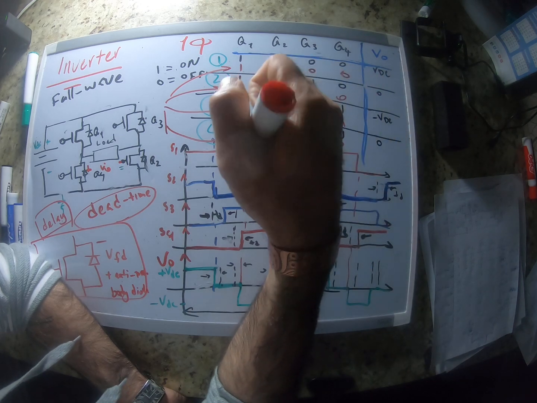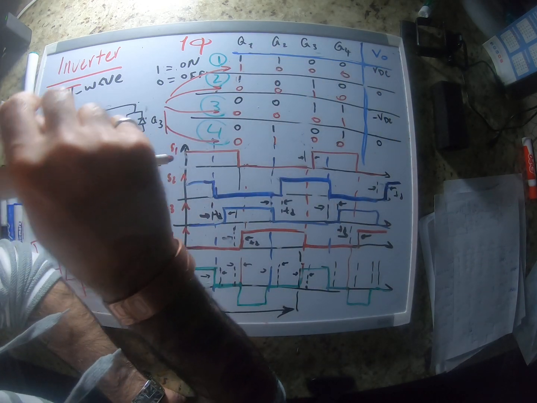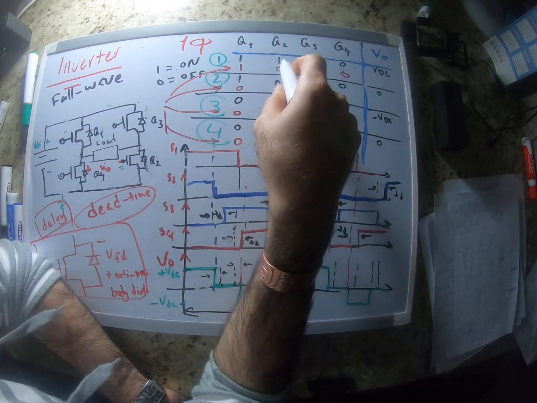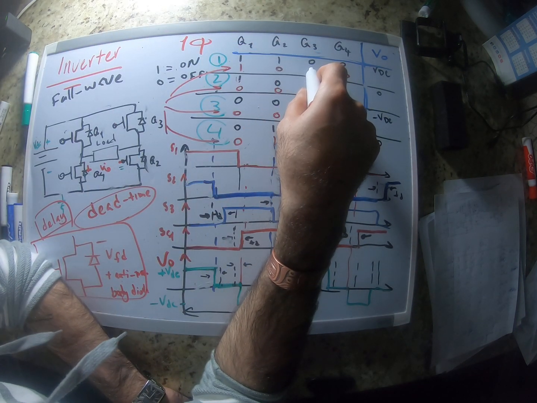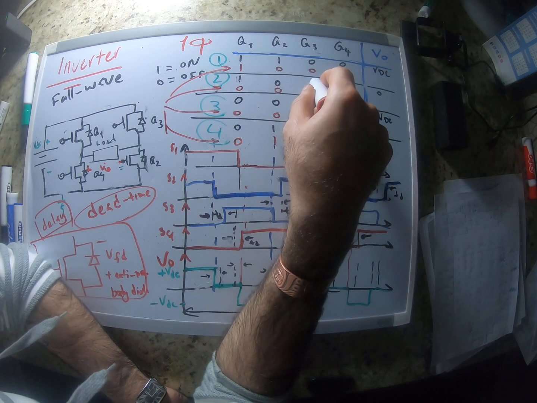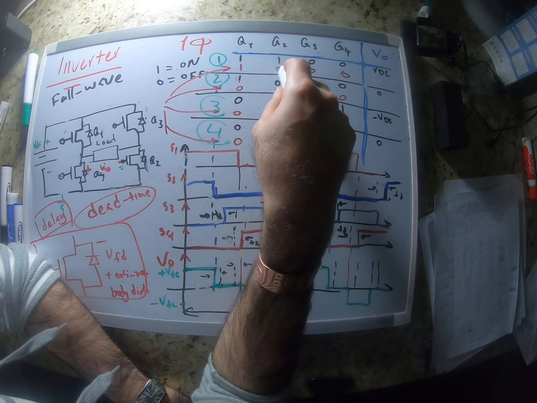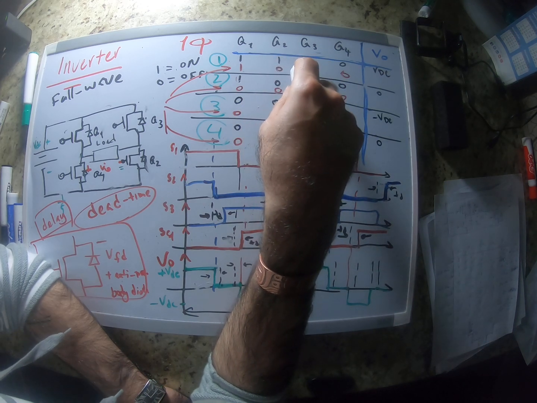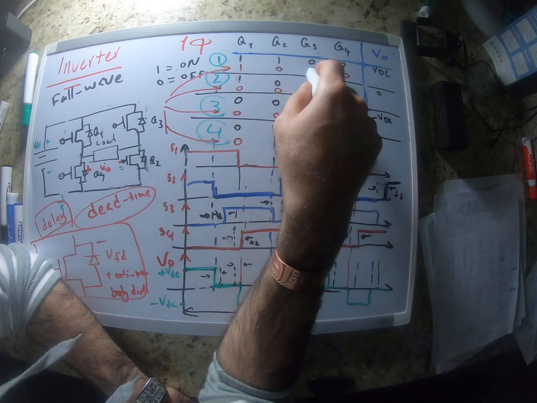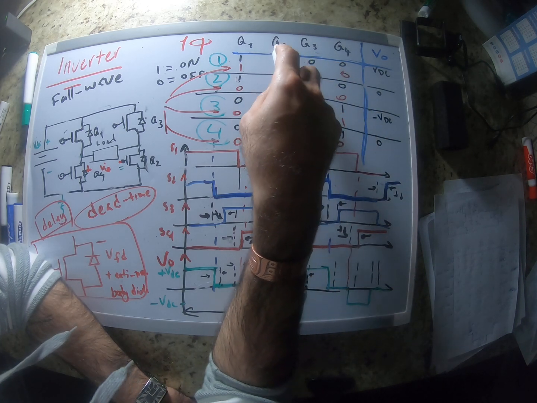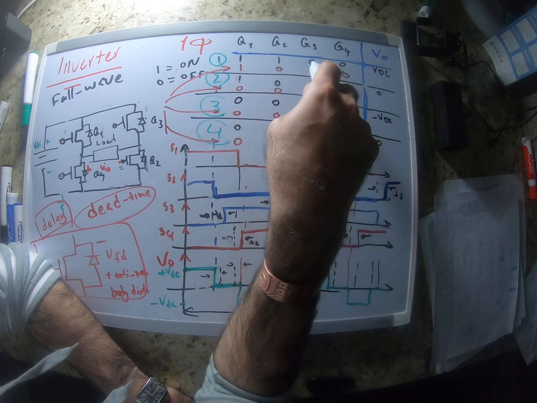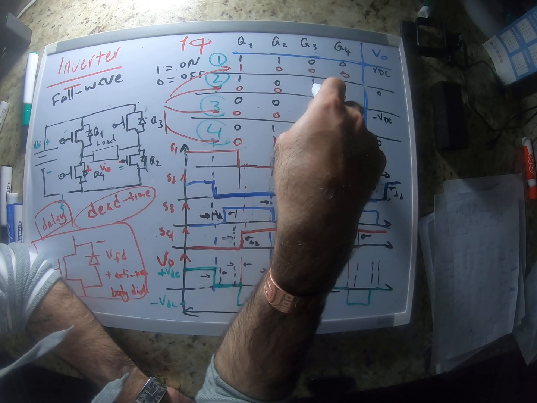Now we're going to create a middle state, where we have 2 off and 3 off at the same time, and then we turn 3 on. So this is a dead state, a dead time that we are creating here. Before we turn 3 on, we have 2 off to make sure that we don't have 2 and 3 on at the same time, and then we turn 3 on.